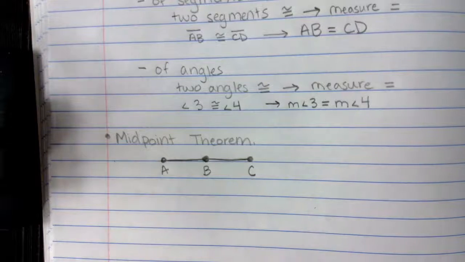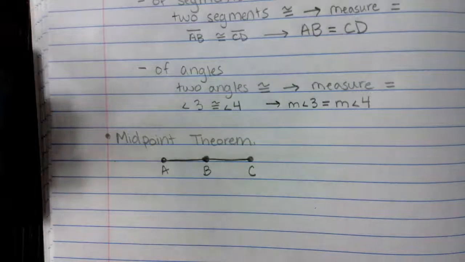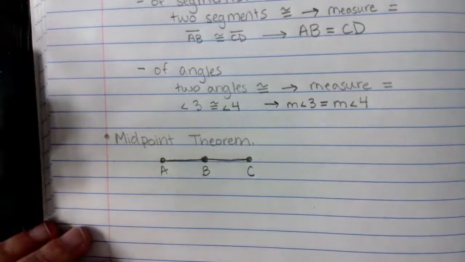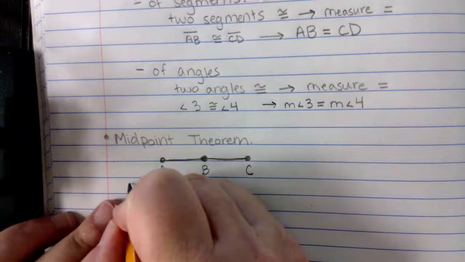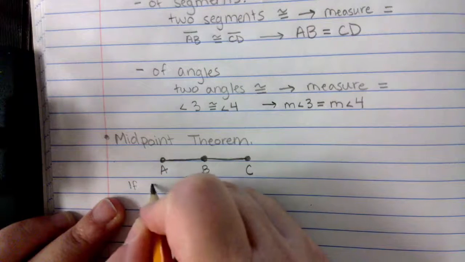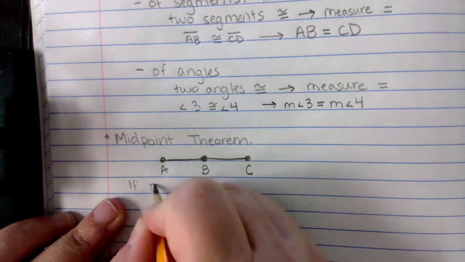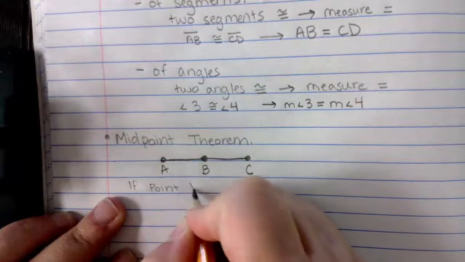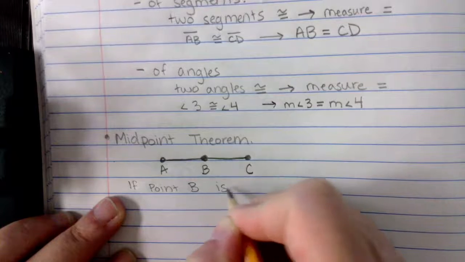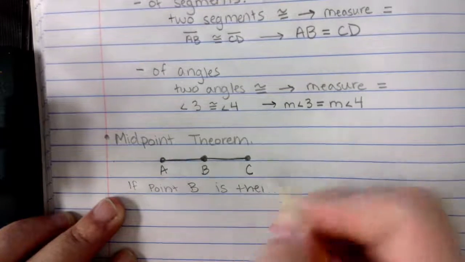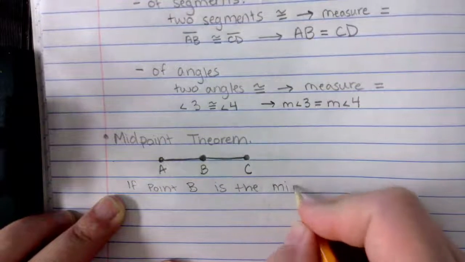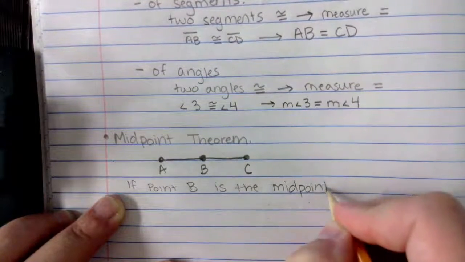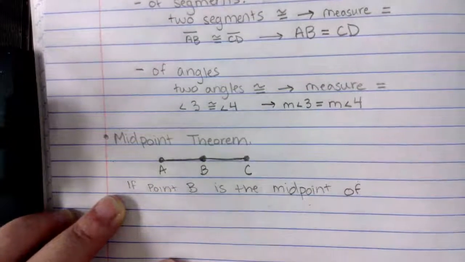So a theorem is something that we can prove versus a definition gives us what it is. A theorem is something we can prove if we wanted to write a proof of it, which we aren't today, but maybe someday we will. What the midpoint theorem says is if point B is the midpoint of, what is it the midpoint of?